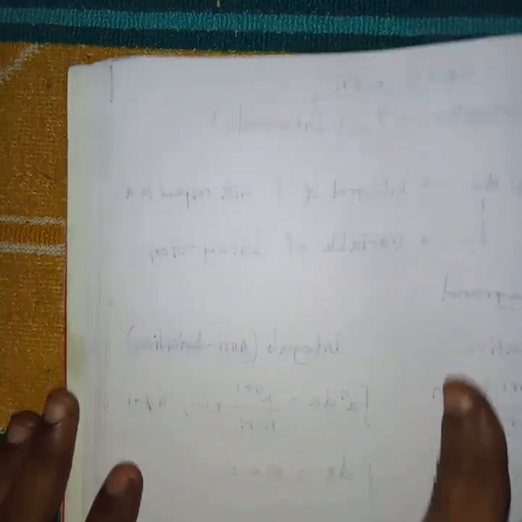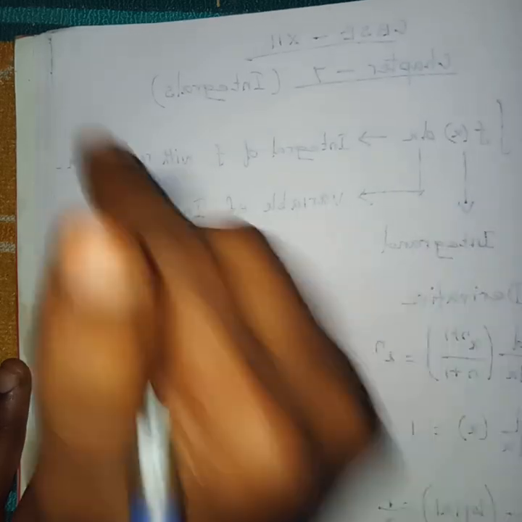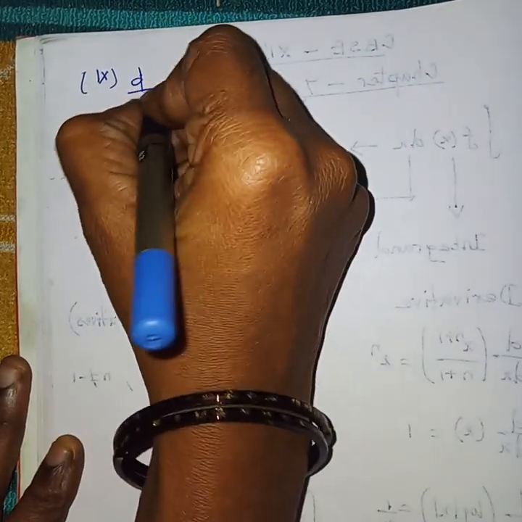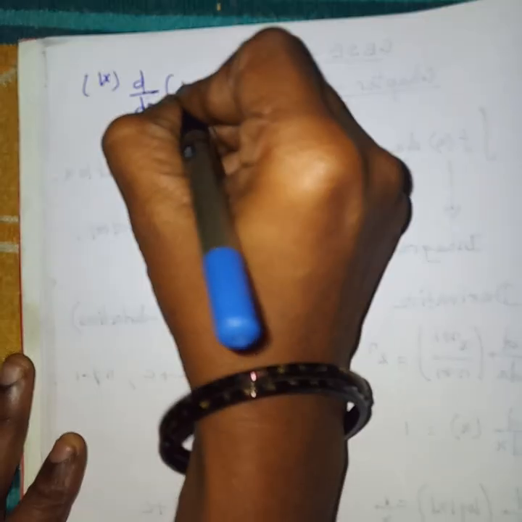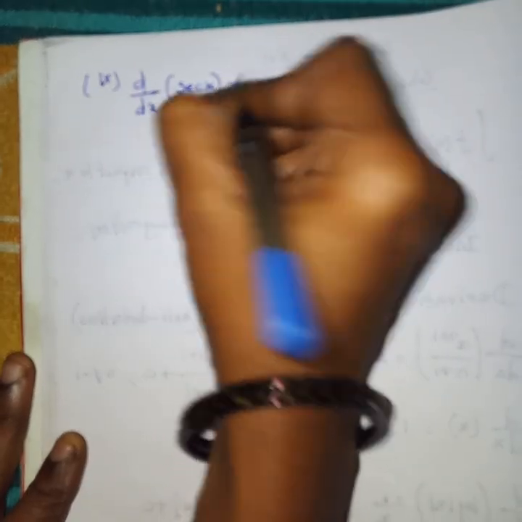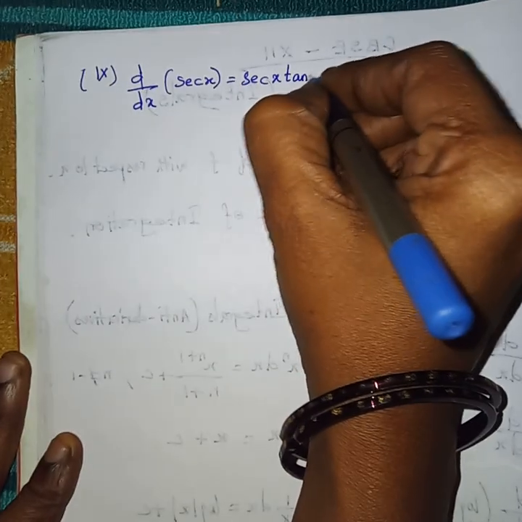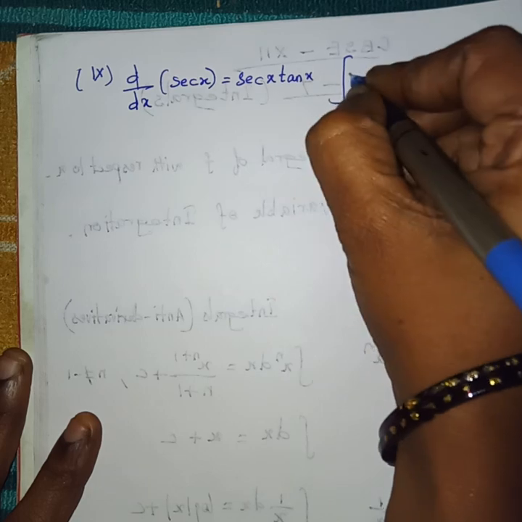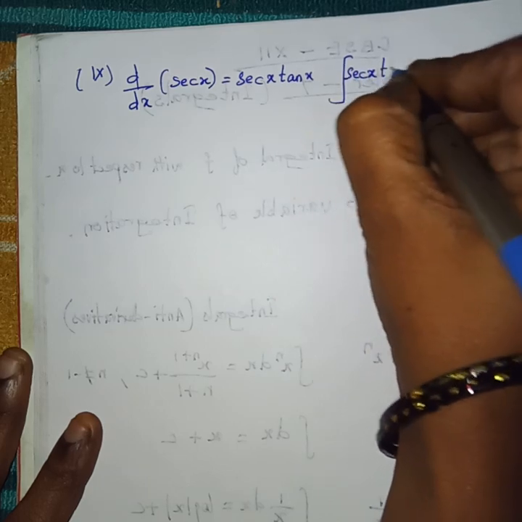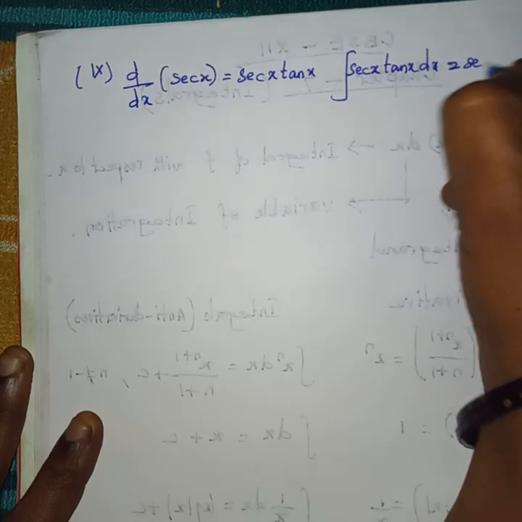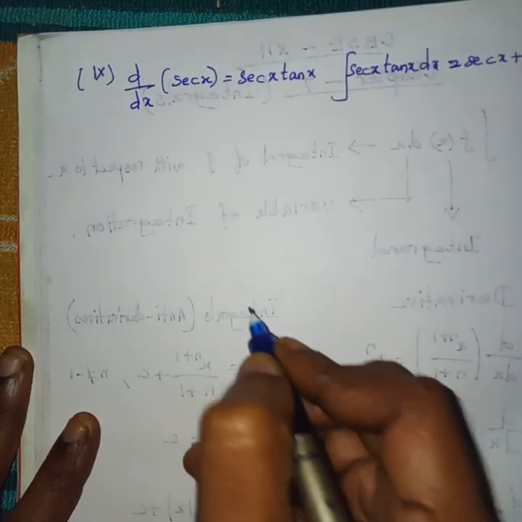Now the ninth formula: d by dx of secant x is secant x tan x, so the integral of secant x tan x dx equals secant x plus c.